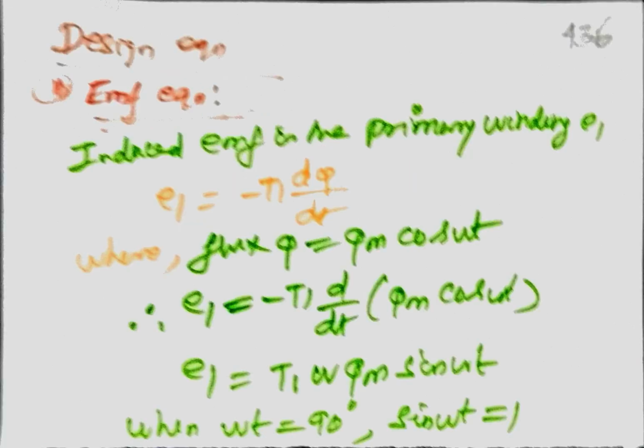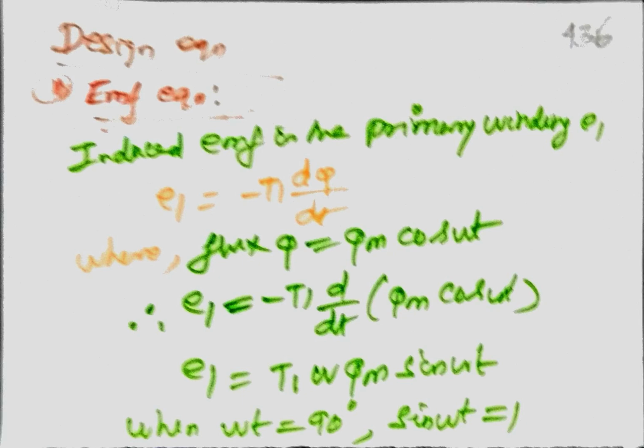Design equations. First, EMF equation. Induced EMF in the primary winding E1 is equal to minus T1 dφ/dt, where flux φ is equal to φm cos ωt. E1 is equal to minus T1 d/dt of φm cos ωt.